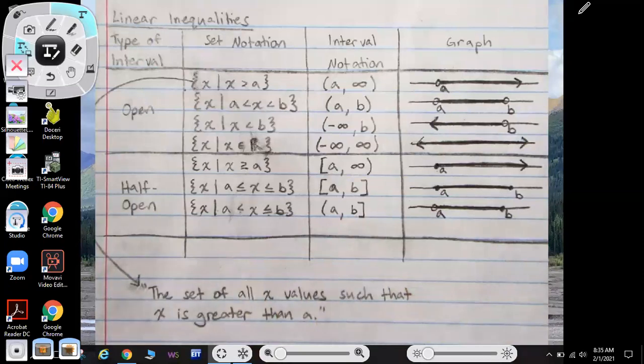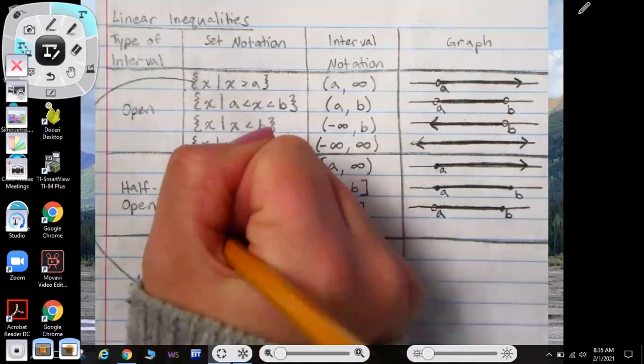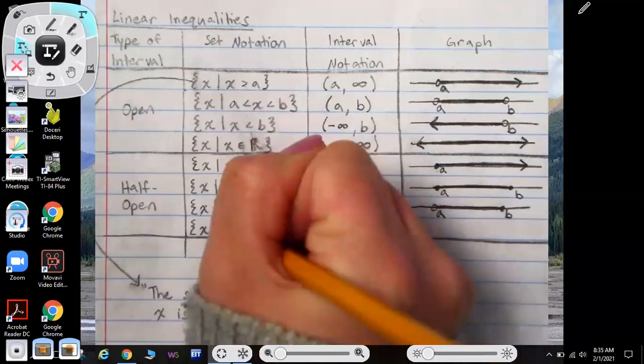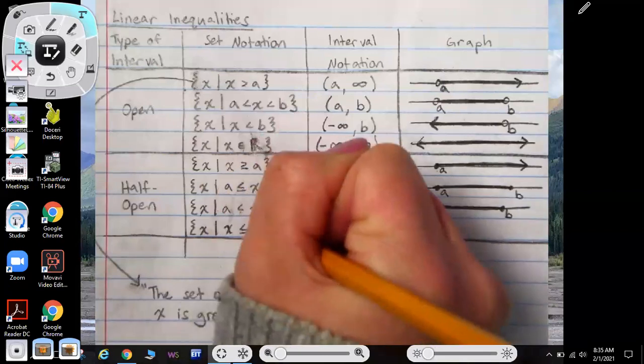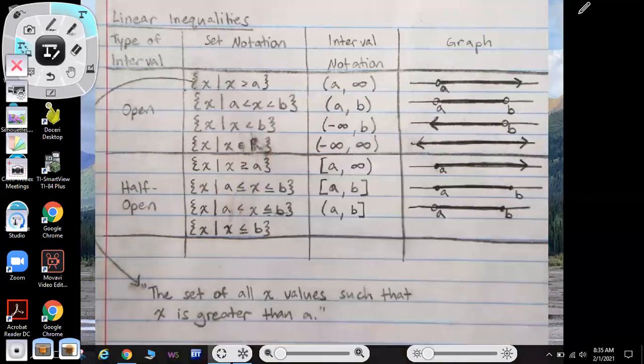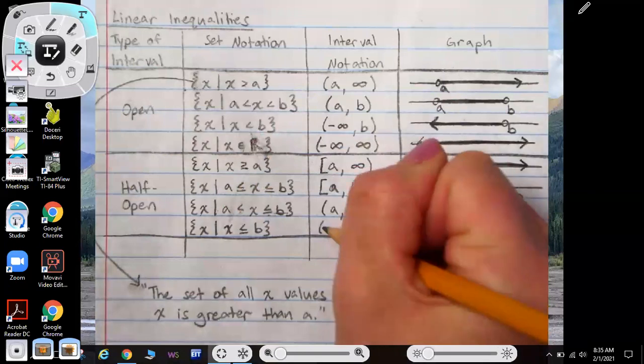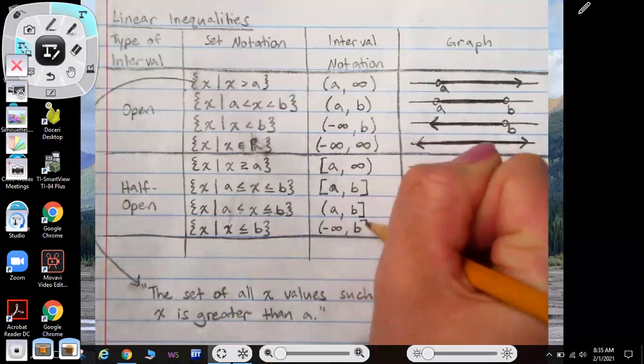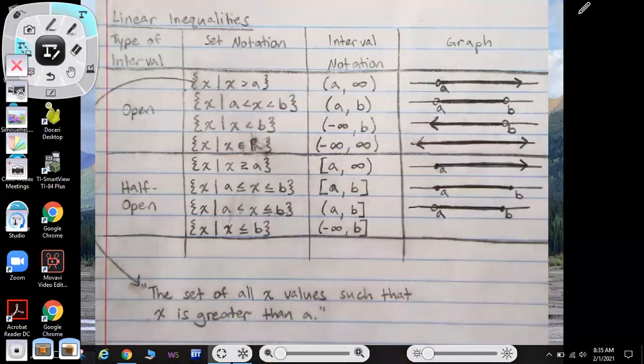The last half open interval we're going to write is the set of all x values such that x is less than or equal to b. So that is from negative infinity up to b, and we are including b this time because we have an or equals to.